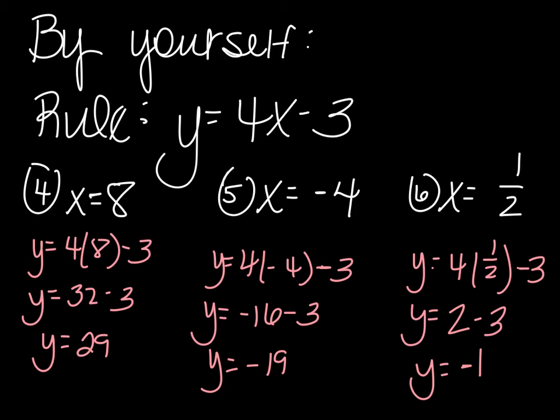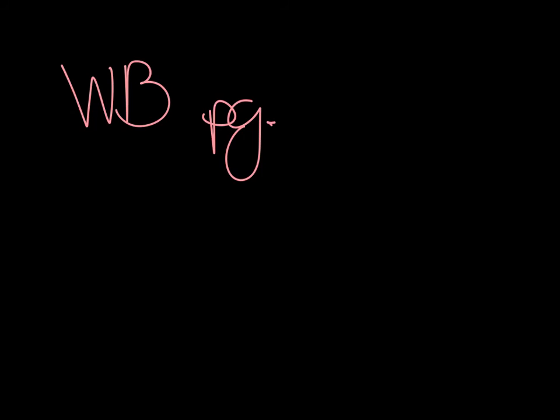In the back of your workbook, in the practice section, on page 147, there are problem numbers 1 through 13. That's the whole page. It's not many. You're going to use your calculator to solve most of it.